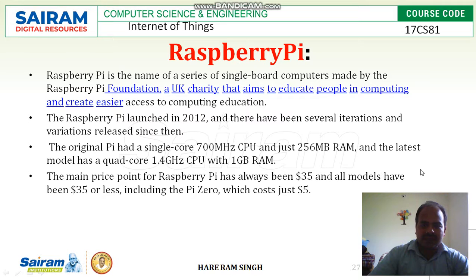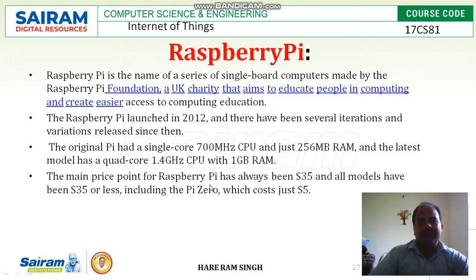So the latest Raspberry Pi can have a 1.4 GHz CPU with 1 gigabyte of RAM. But in the first version, they had only a 700 megahertz CPU and 256 MB of RAM. So from the beginning till now, so much development has happened in the architecture of Raspberry Pi.